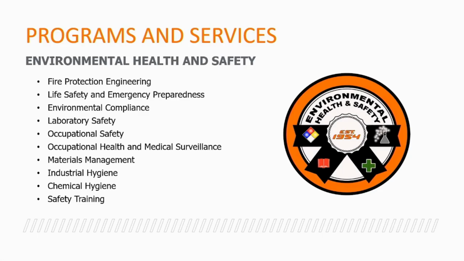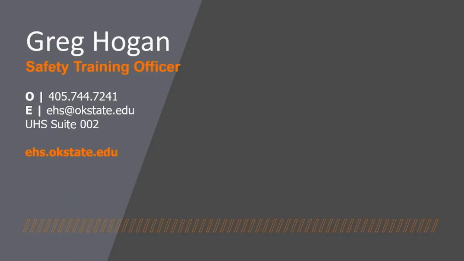We provide fire protection, lab safety and emergency preparedness, environmental compliance. We cover laboratory safety issues, occupational safety, occupational health, medical surveillance, materials management, industrial hygiene, chemical hygiene, and safety training. All of that is covered within the Oklahoma State University Environmental Health and Safety Department.